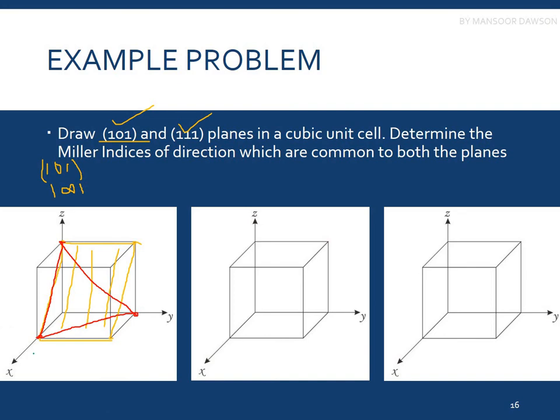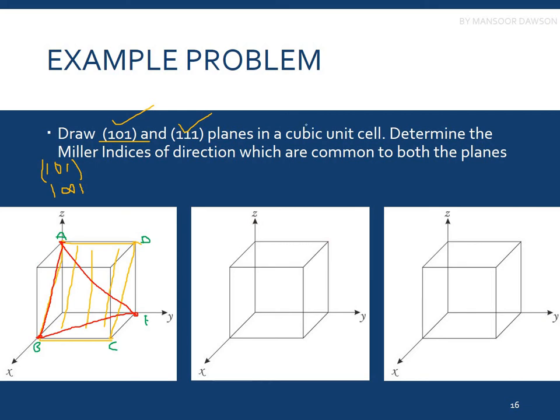The green one, I'll be marking as A, B, C, D, and the other one. So we have 5 points over here.